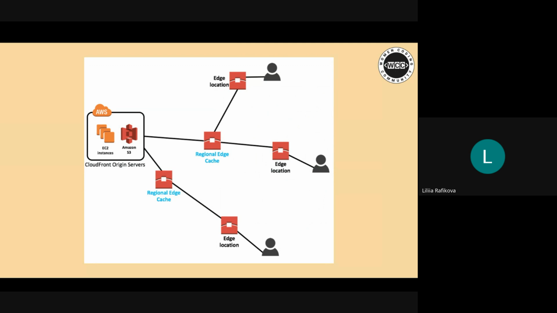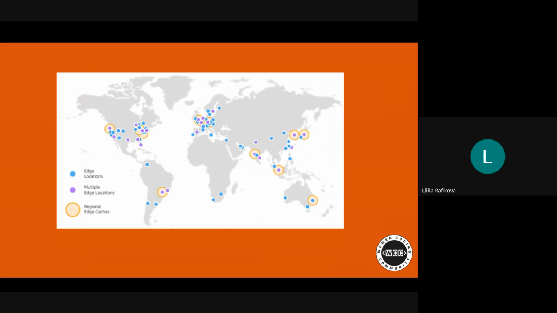So there is the edge location and the regional edge cache. These are different layers of cache, we're calling them. If you take a look, this is the world map, and the orange ones are regional edge locations.